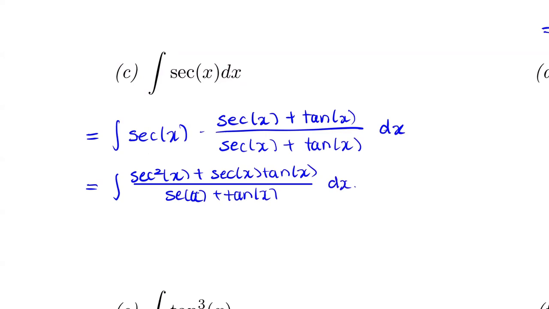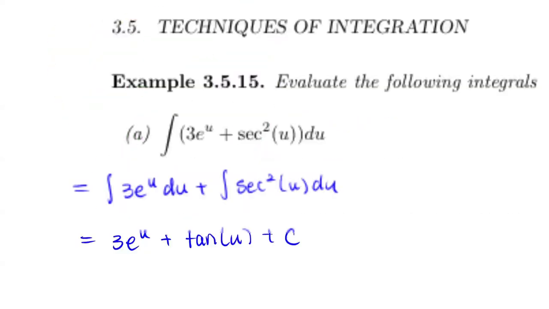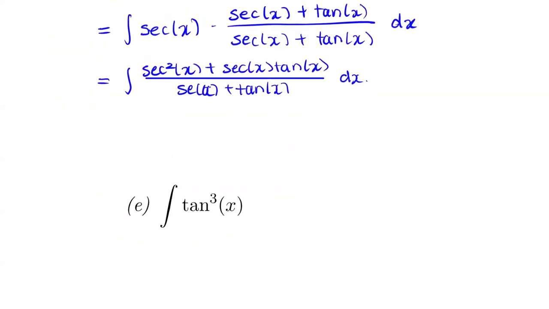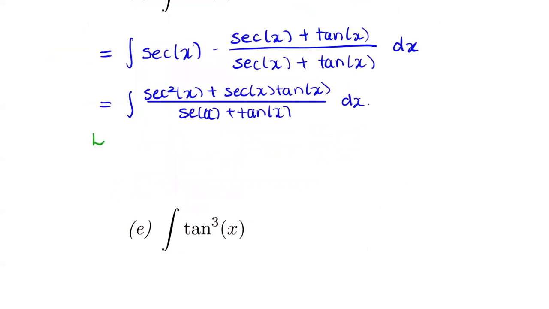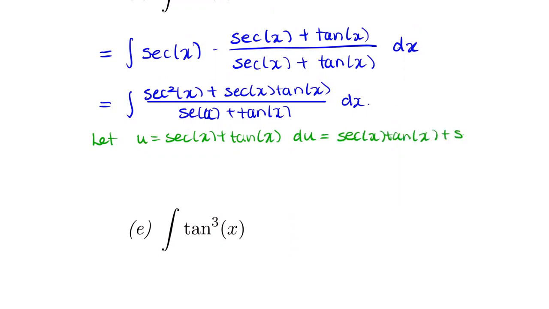So now I could just go ahead and apply a substitution here. I'm going to say, let u be secant of x plus tan of x. And so that means du is going to be secant x tan of x plus secant squared of x.